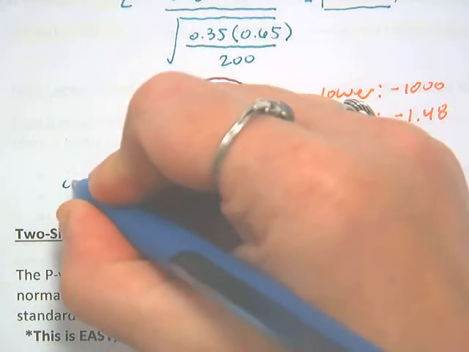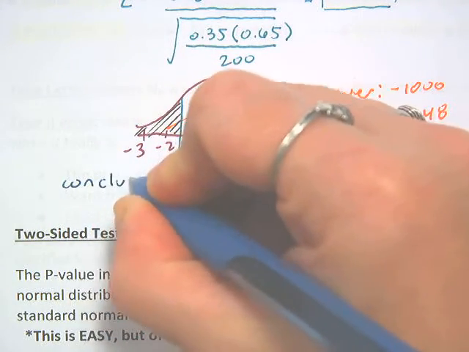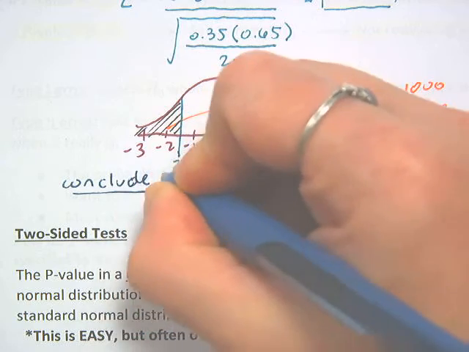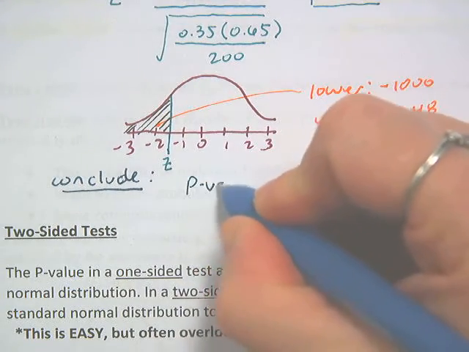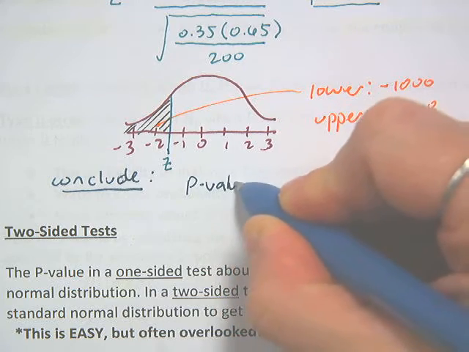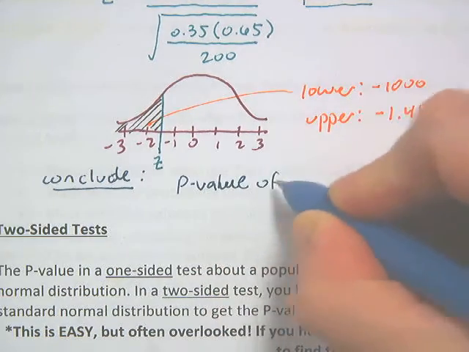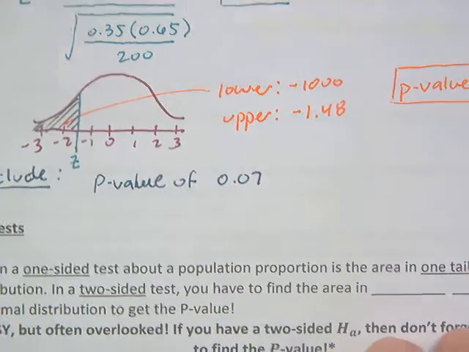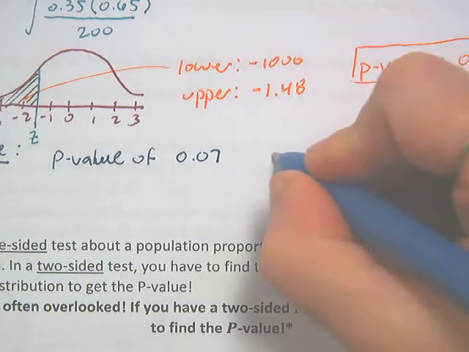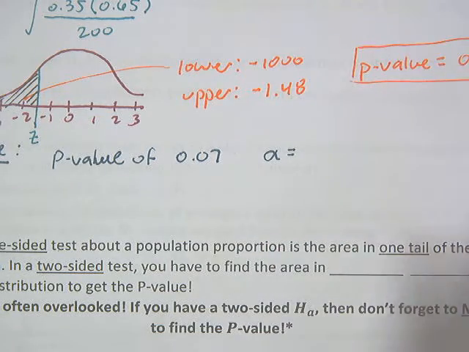Conclude, and I've just got a little bit of space left. The p-value of 0.07 that I spent all that time finding, I'm going to compare it to alpha.